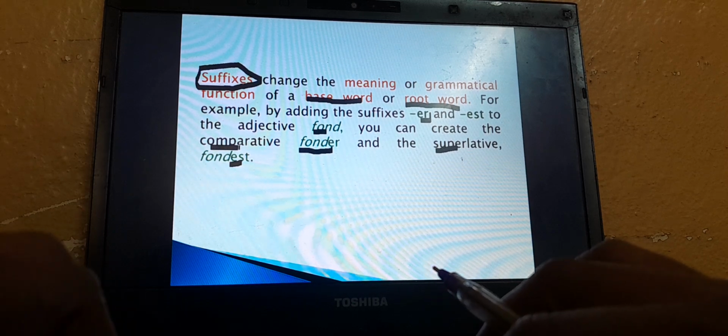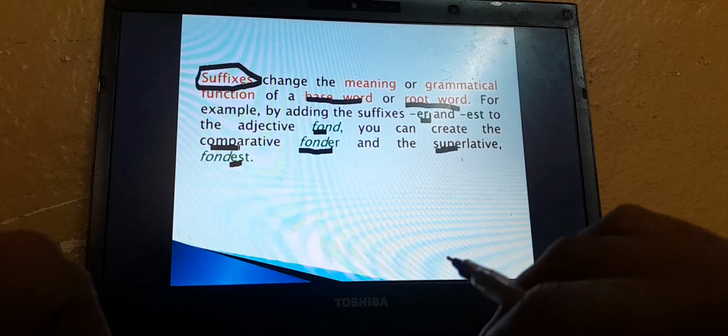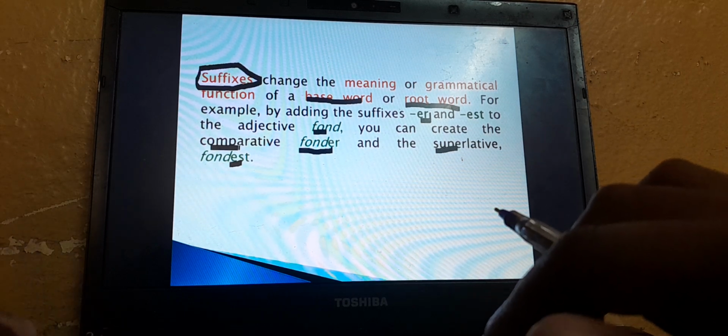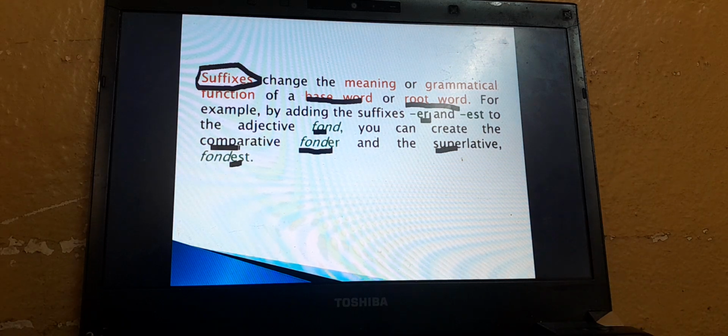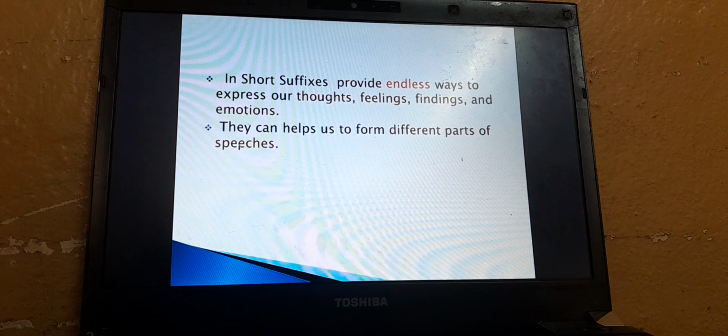So from this we can understand that suffixes are very helpful to change the root word from one part of speech to another. Since they have these characteristics, we should know these suffixes very well.